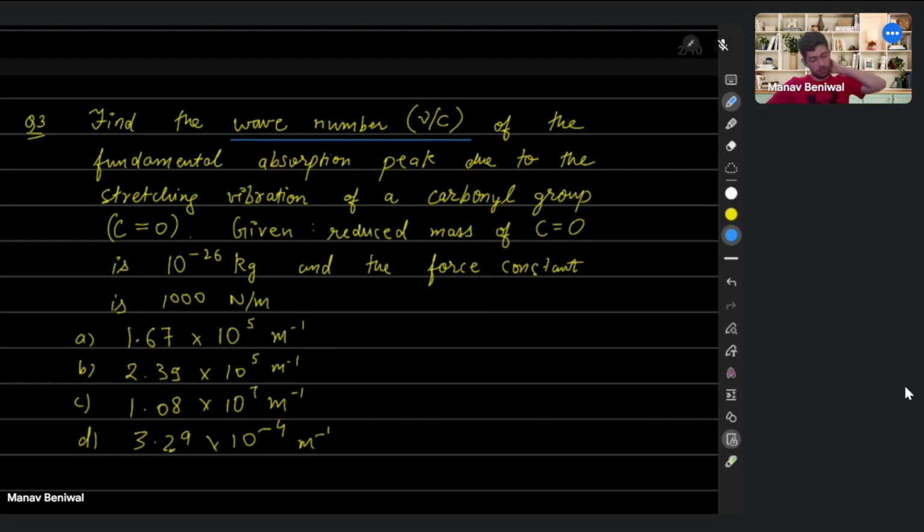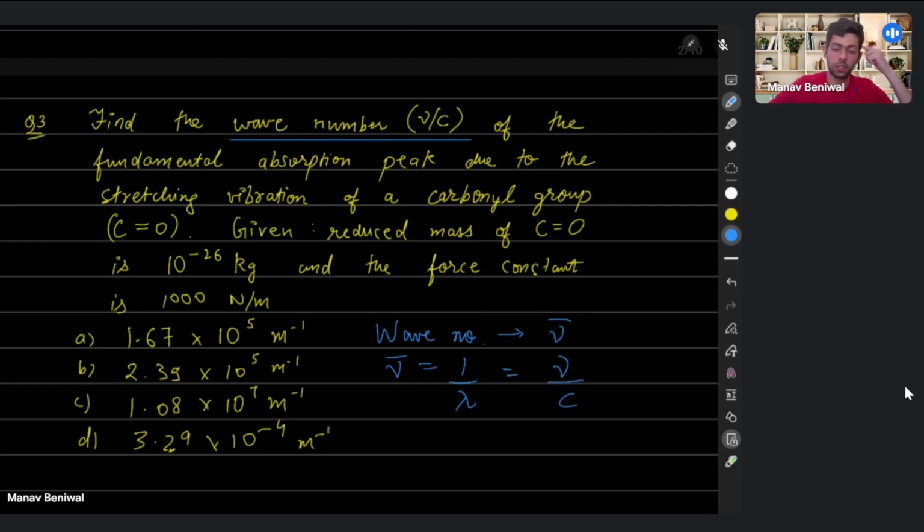Okay, so wave number is generally denoted by this symbol nu bar. It is the inverse of wavelength, or frequency upon speed of light.